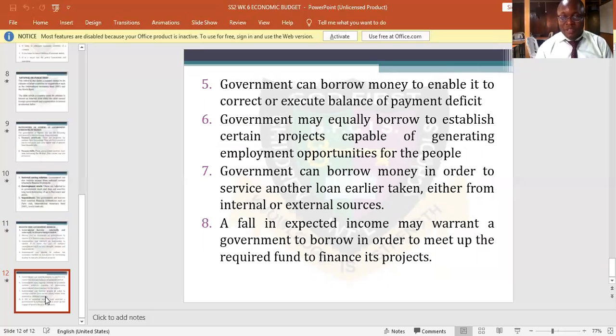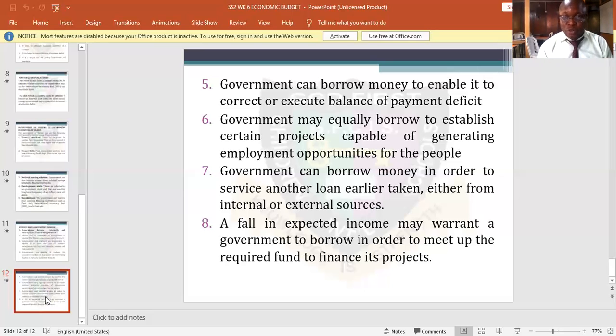Then government may equally borrow to establish certain projects capable of generating employment opportunity for the people. Government can borrow and set up what is called industrialization in the country, and ensure that they set up many industries. We have graduates more than thousands every year, and there's no industry government has created for these youth that are coming out from the university.